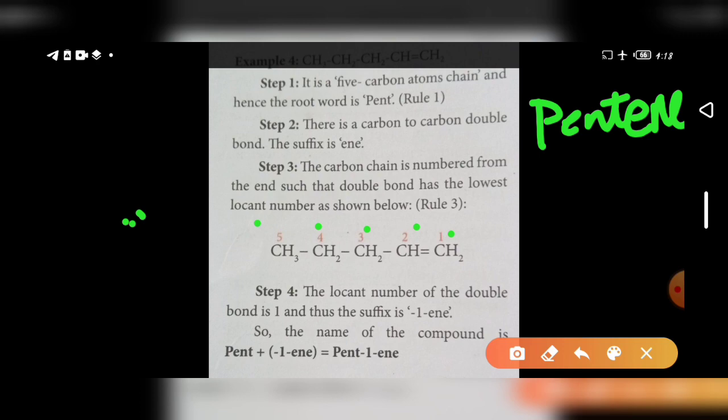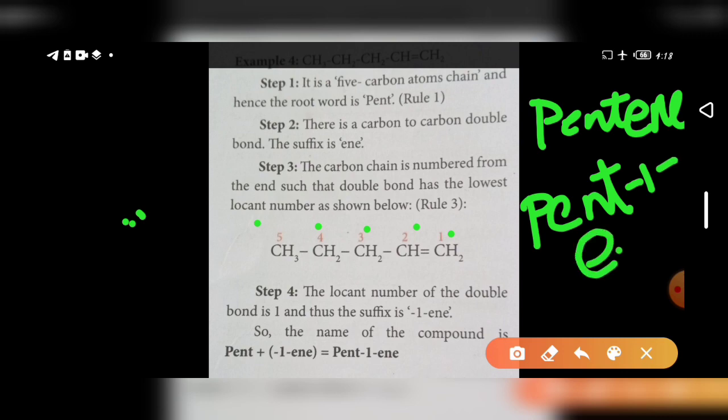So how will you write that 1? You write pent, you put a hyphen and put 1 and another hyphen and put ene. This is the correct form to write the name for a double bond and triple bond.